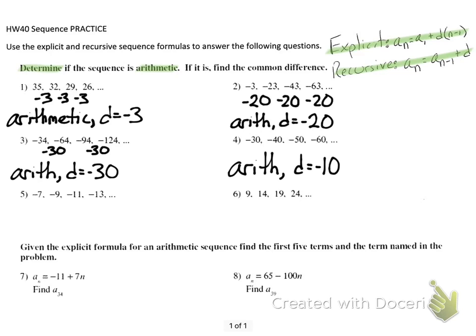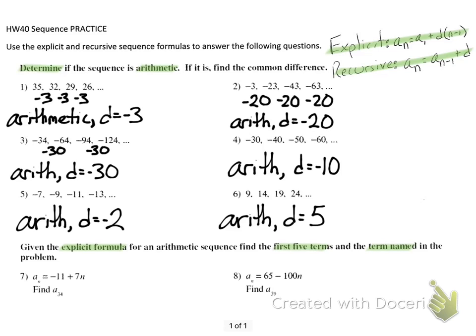In number 4, it's arithmetic because it's taking away 10 each time. Number 5 is arithmetic because you are taking away 2. And number 6 is also arithmetic because you are adding 5. So all of these sequences were arithmetic, and this exercise was just done to really help you see patterns and make sure you're understanding that the variable d is representing the common difference.